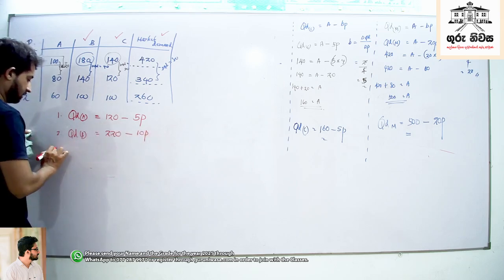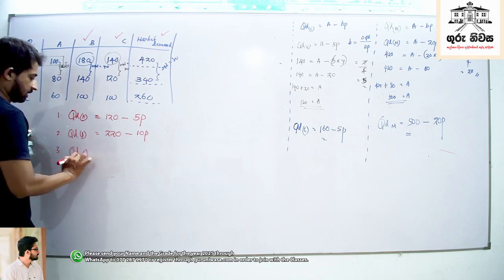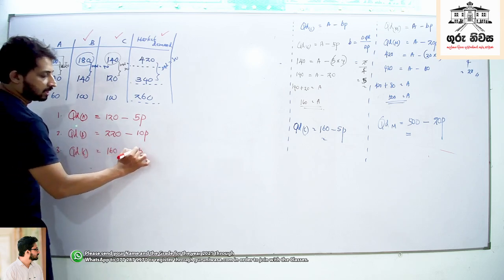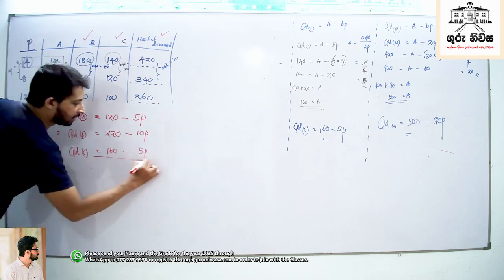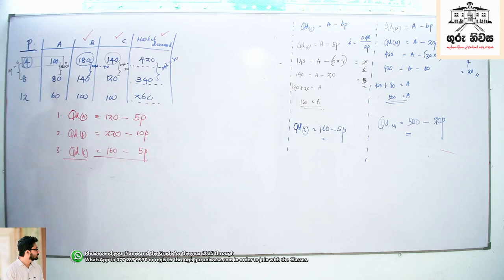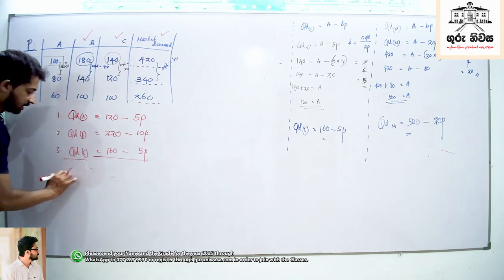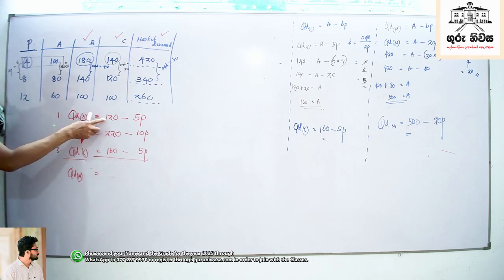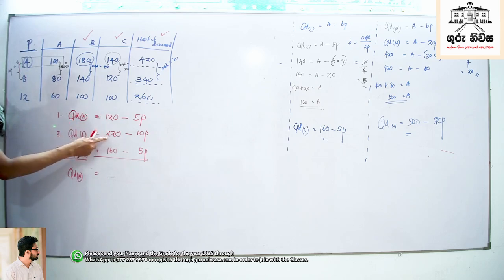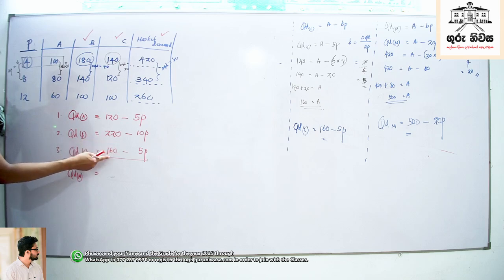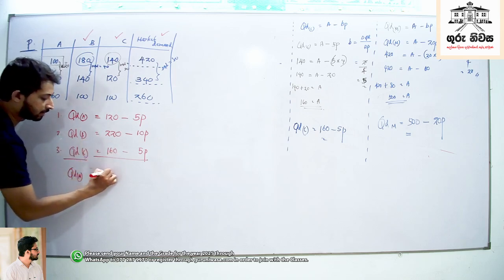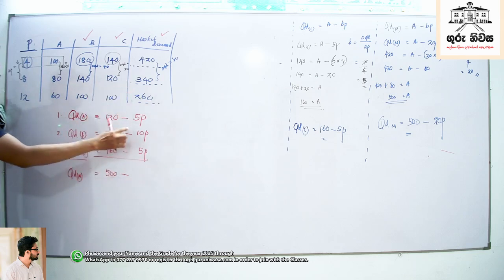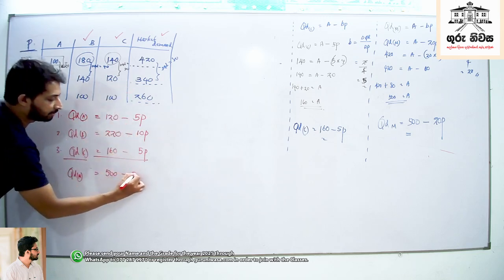QDC is 160 minus 5P. If you add these three demand equations together, you can calculate the market one. QDM equals: add all intercepts together, 120, 220 and 160, this means 500, minus add all slopes together, 5P, 10P, and 5P, which gives 20P.